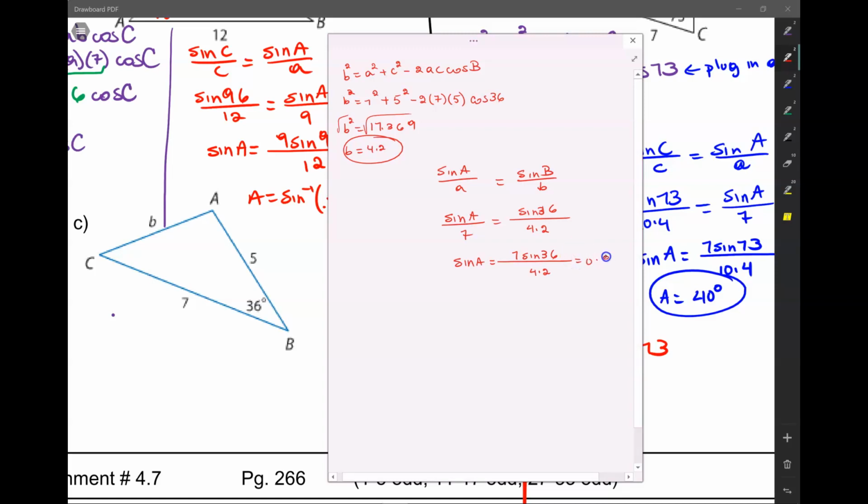So that's 0.9796 and so on. How much is A? 78 degrees.